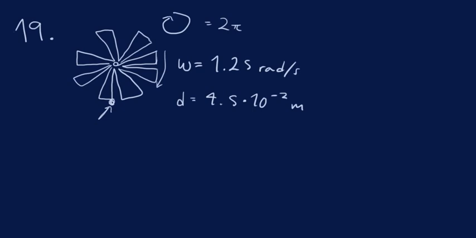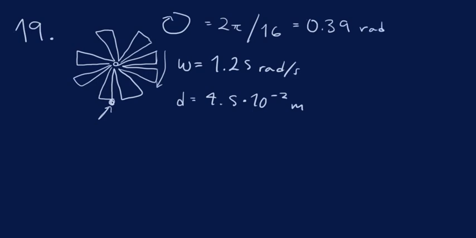So we want to divide that 2 pi by 16 to get the angular displacement of one of the blades, or one of the gaps. And 2 pi divided by 16 is equal to 0.39. Okay. And that's radians.